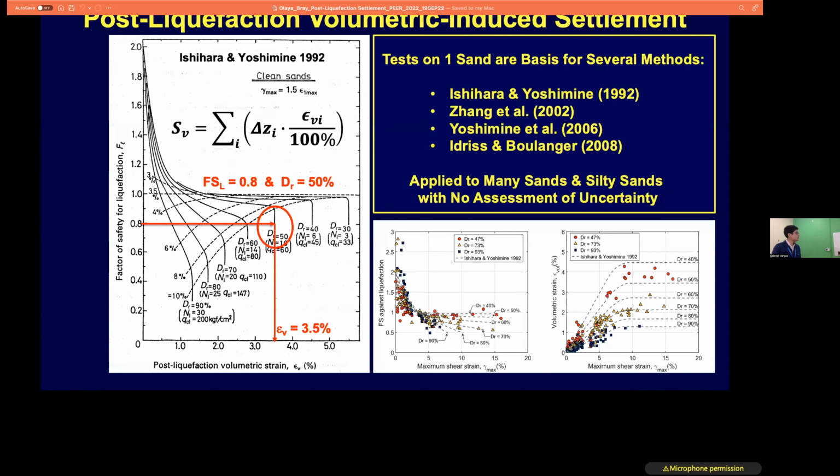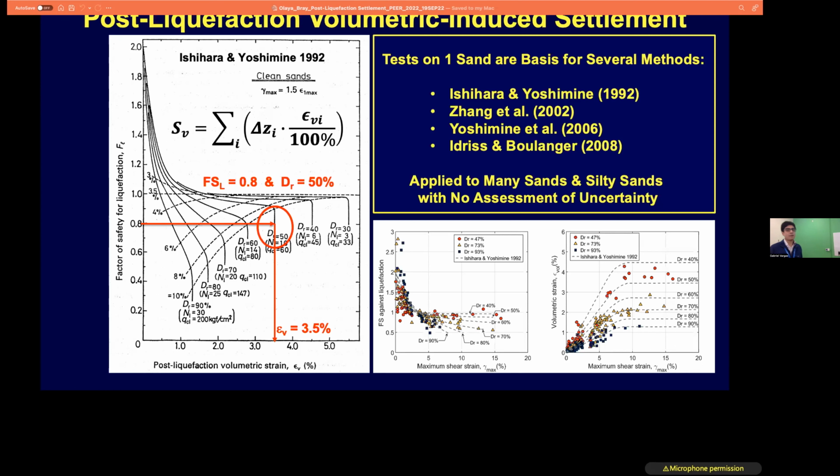Probably most geotechnical engineers know this famous chart by Professors Ishihara and Yoshimine, where you take the factor of safety against liquefaction as a proxy for the seismic demand, and the relative density of clean sand as a proxy for the soil state to estimate a value of the volumetric strain. Then that is combined with the thickness of the liquefiable layer. You sum them all up to get an estimate of the volumetric induced settlement.